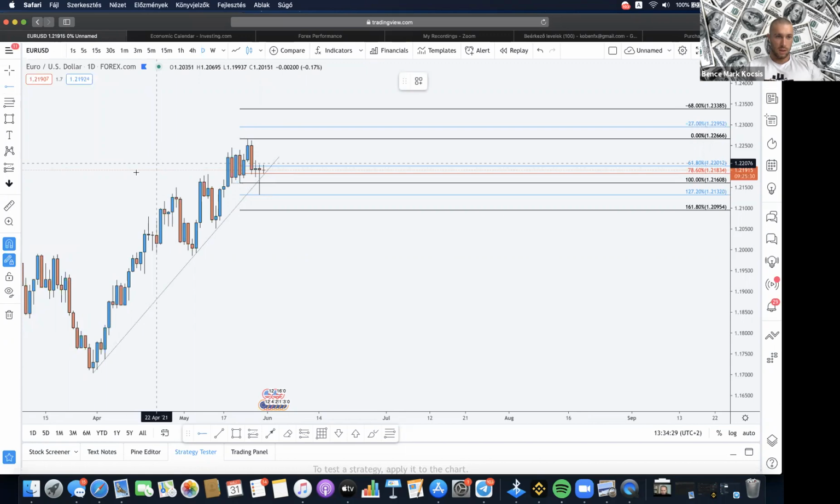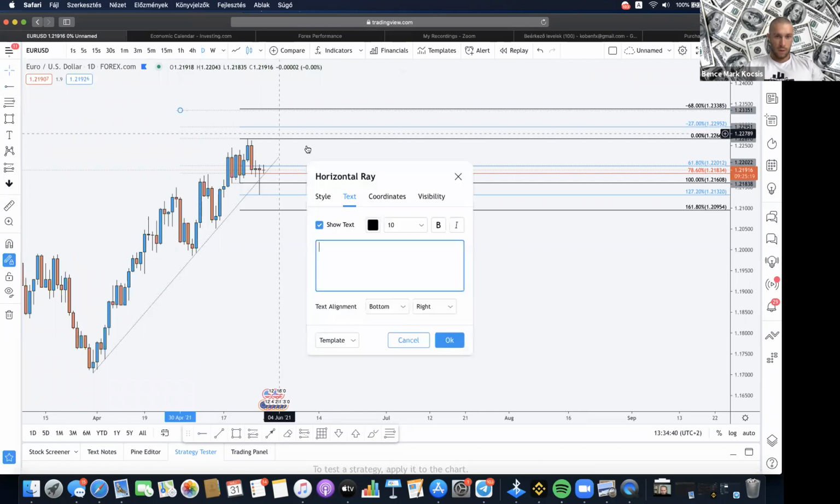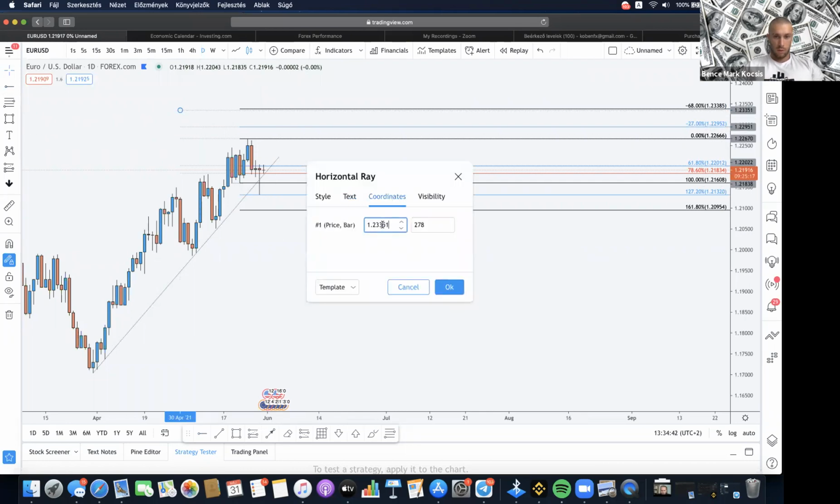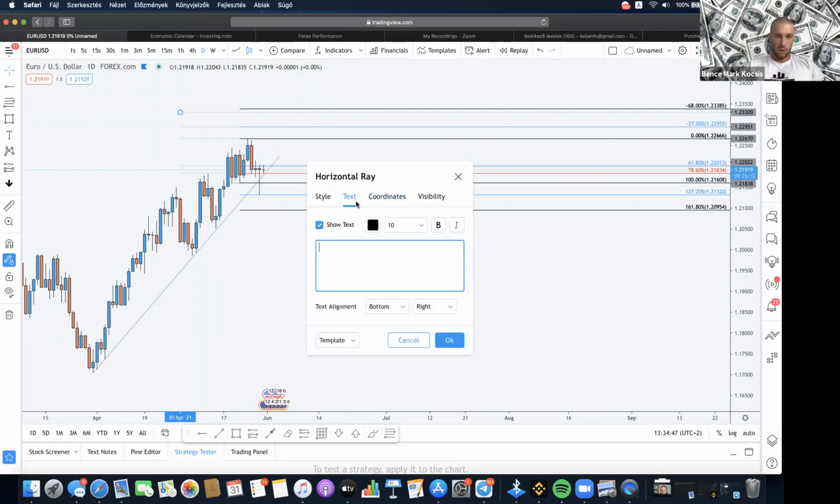Also the DXY is still really weak. So I'm still expecting an upside move. So I'm just making marks on the important levels for the long-term targets.